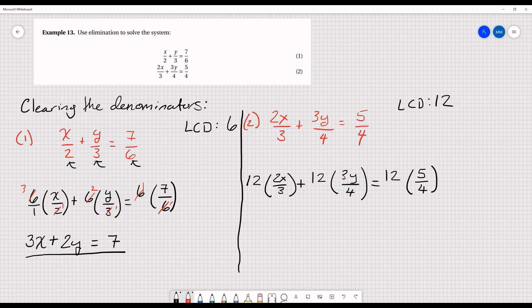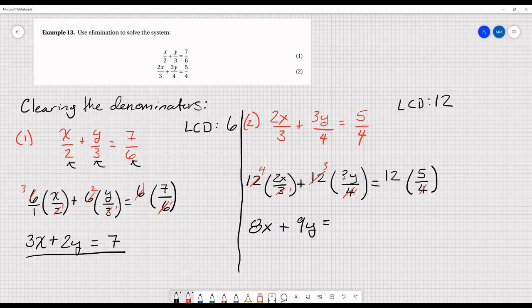And what's going to happen? Well, 3 divides 12, 4 times. That gives me 4 times 2x, so I have 8x. Here I have 4 divides 12, 3. 3 times 3 is 9, so that becomes a 9y.